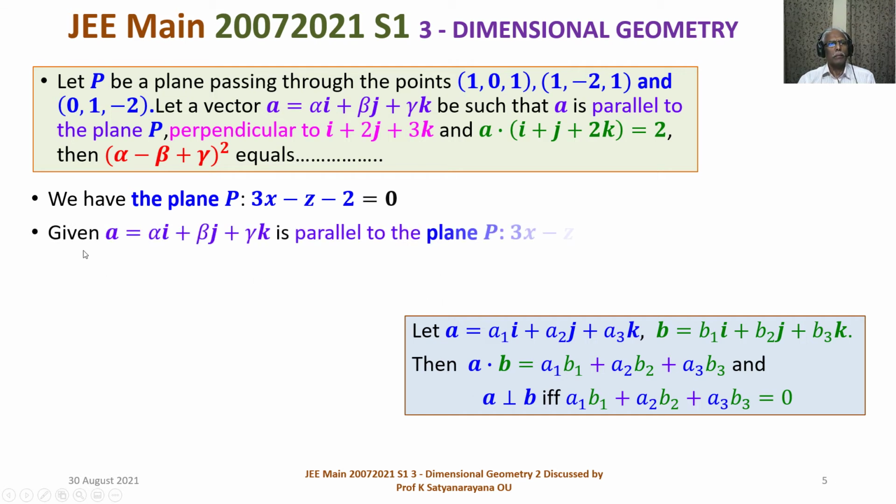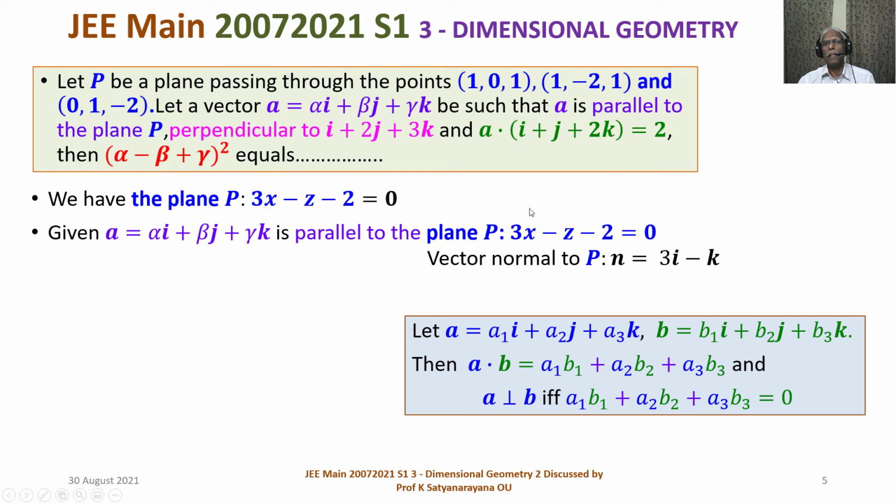Now, given A = alpha i + beta j + gamma k, that is parallel to this plane P. The plane P equation is 3x minus z minus 2. Here you have to get the vector normal to P. The vector normal to P, that is n, is equal to 3i minus k.